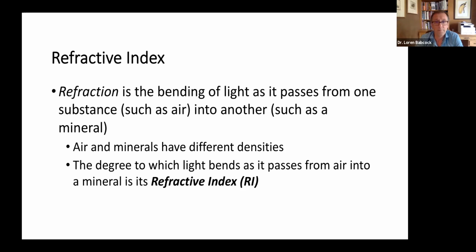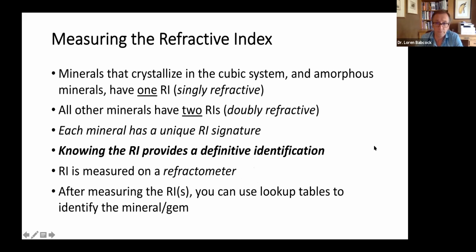And so what that means is that the degree to which light bends as it passes from air into the mineral is unique. And that unique bending amount is referred to as the mineral's refractive index. So in other words, the refractive index turns out to be essentially a fingerprint to the identification of a mineral.